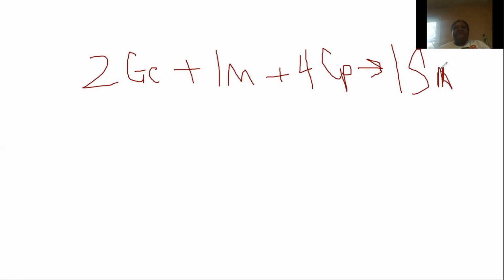Okay, so if I have 20 students, that means I want to make 20 s'mores, right? I want each student to have 1 s'more. So how much of each ingredient will I need?